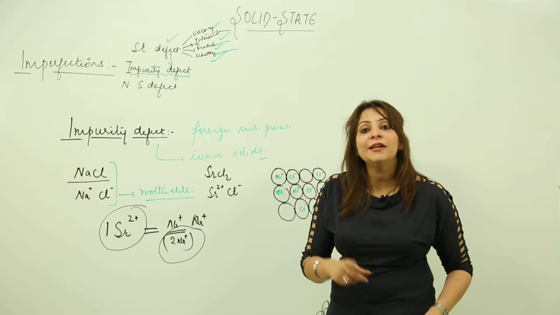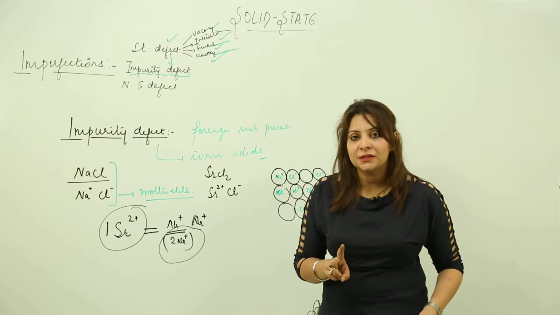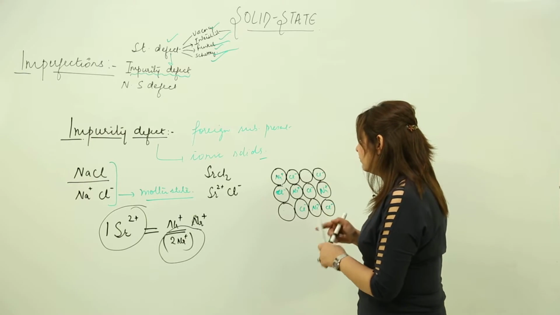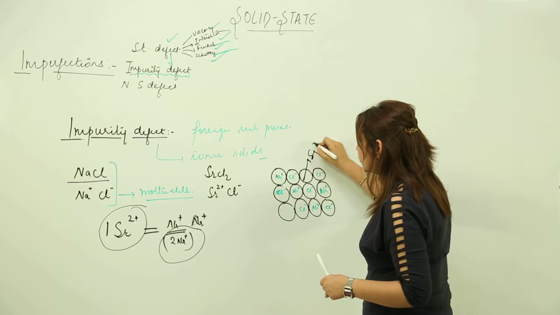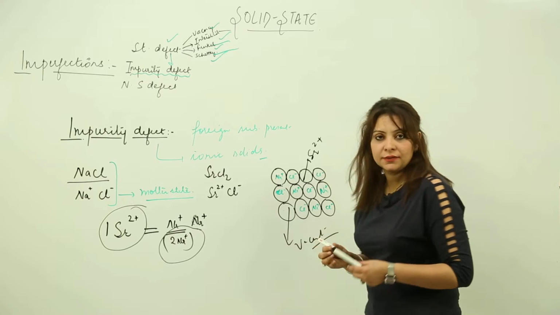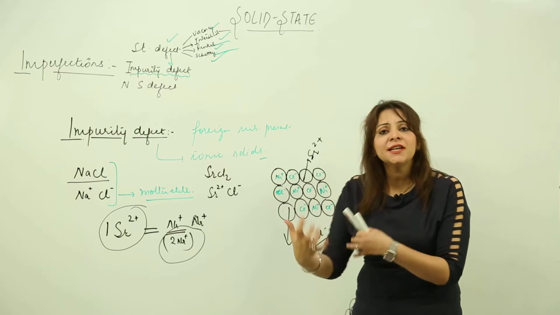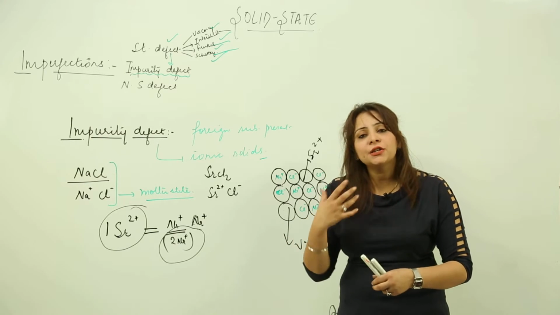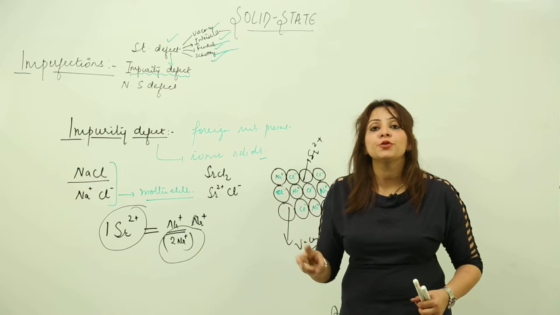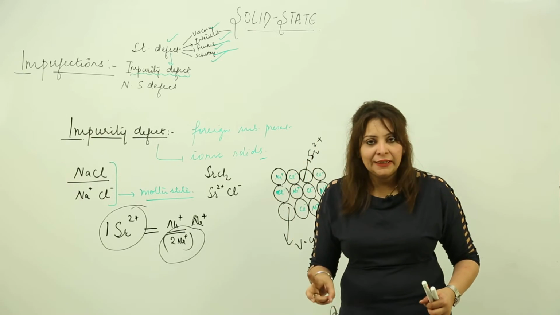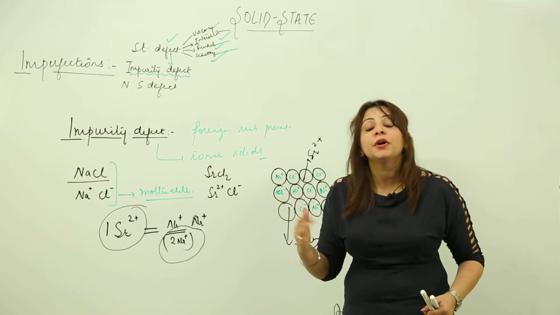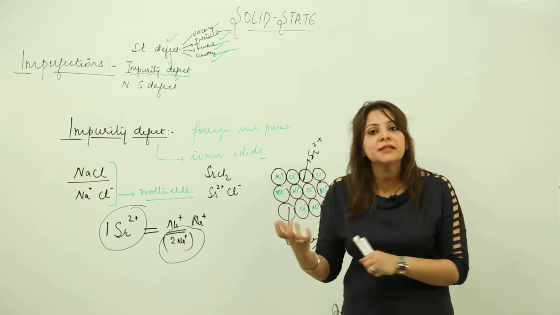So 1 strontium cannot occupy the 2 spaces simultaneously. It will occupy one of the places, suppose this one is occupied by the strontium, so the other space is going to remain vacant, right. So each strontium is going to displace 2 Na, but it is just going to occupy the place of only 1 Na, and one place of Na is going to remain vacant, because we have to balance the charges as well.